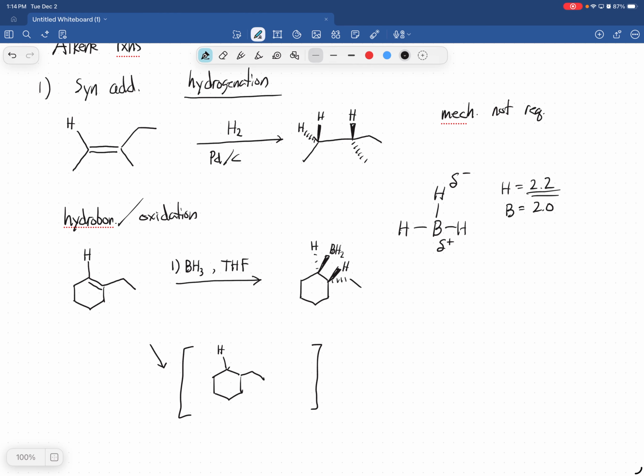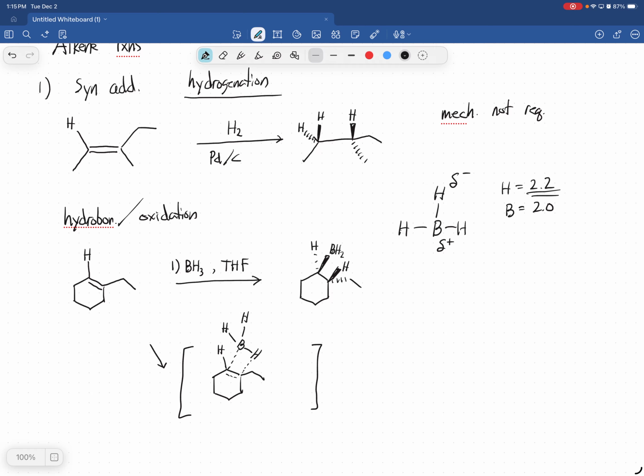Okay. So what's happening here is that the boron is approaching. You're having two of its hydrogens fan out towards the less substituted carbon. So that allows it to be stable enough to approach.